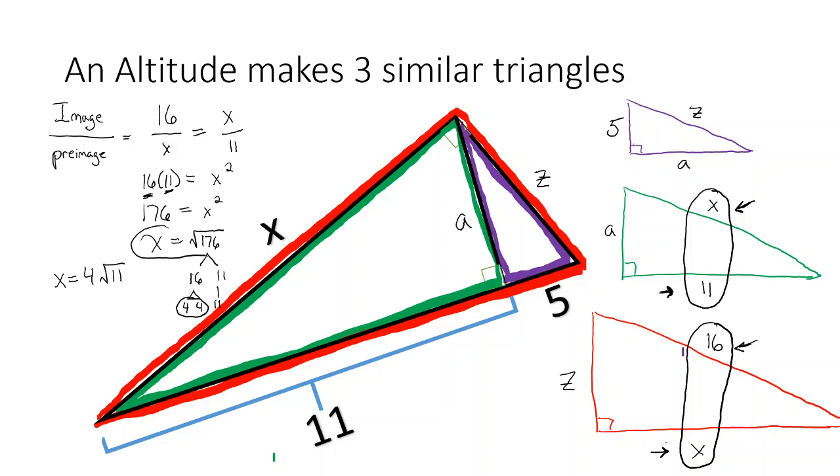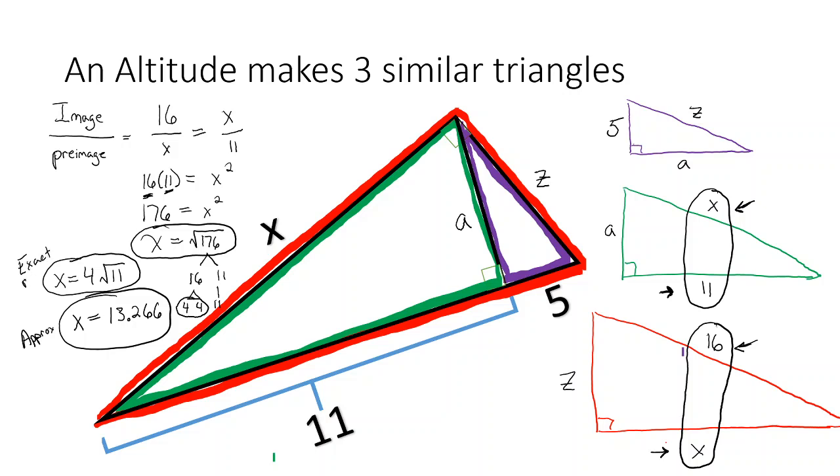So I have an exact, reduced answer. I could also plug that into my calculator, and I get X equals 13.266. So that's the approximate, and that's the exact reduced.